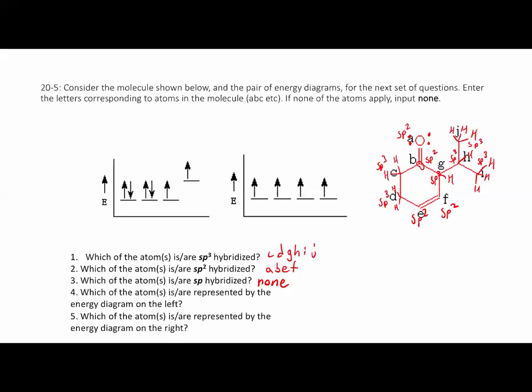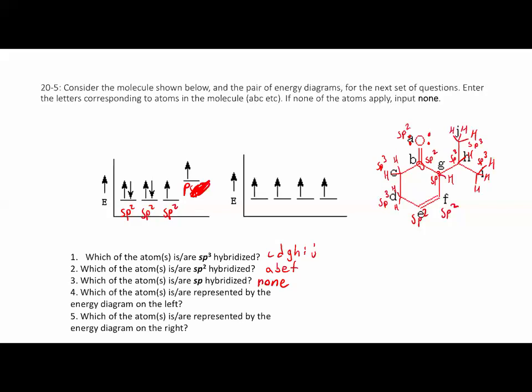4, which of the atoms are represented by the energy diagram on the left? So the energy diagram on the left is an sp2 hybridized atom because you have 3 sp2 hybrid orbitals that are equal in energy, and you have a p orbital that is higher in energy. So there's only 1 atom representing the energy diagram on the left because you have 2 lone pairs.